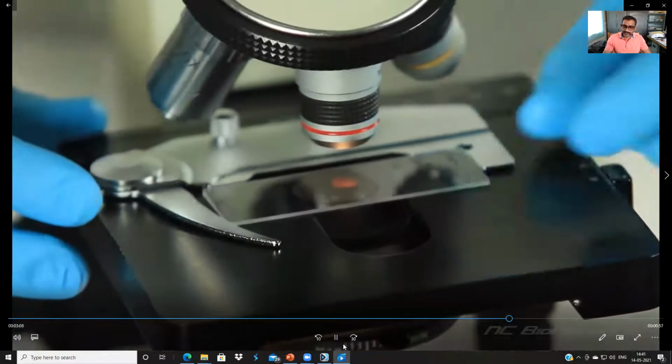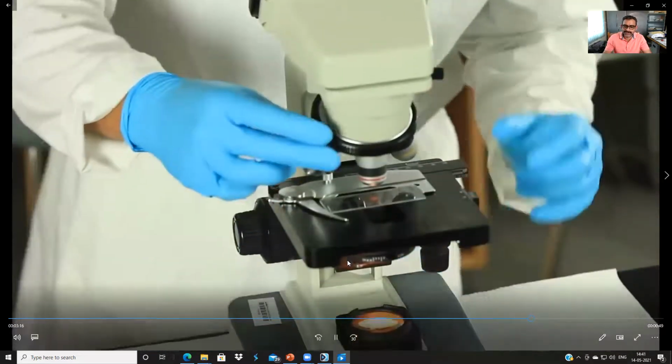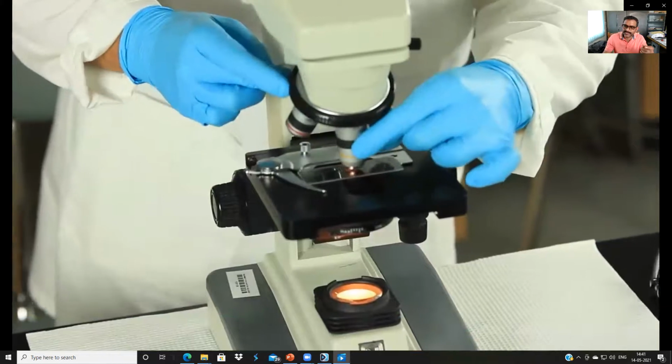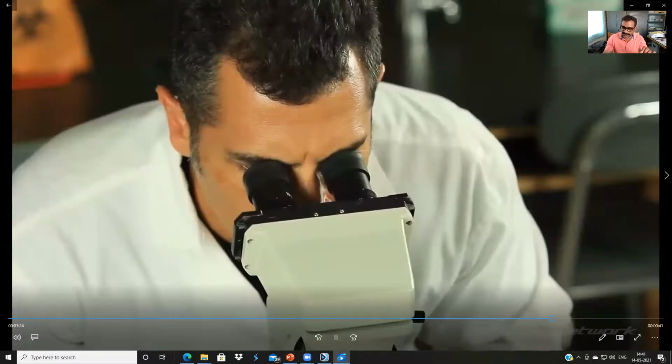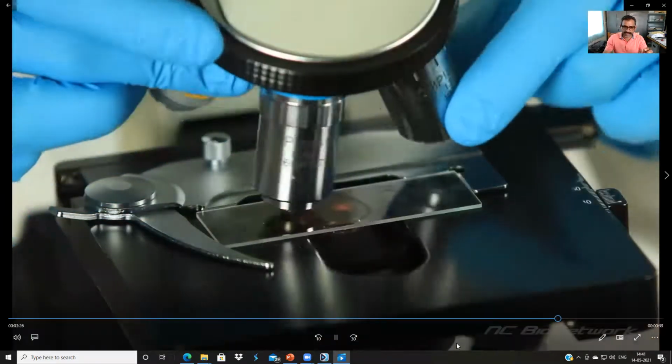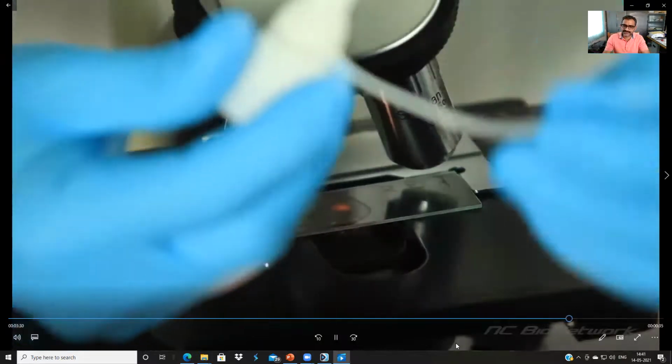While observing under the microscope, you should always start with the low power objective, that is 4x, where you will see the slide. Then using the fine adjustment, clear the image, and move to 10x objective. Next 40x objective, and then 100x.